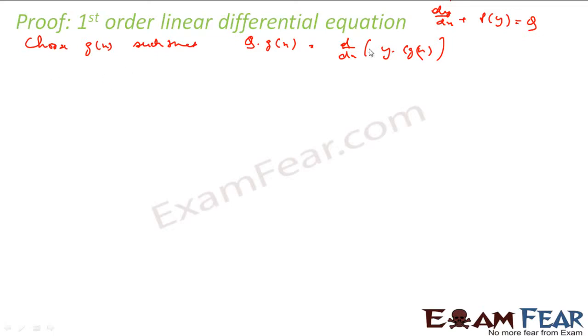So if we are able to find such g(x), then let's multiply everything with g(x). So what you get here is this guy, g(x) into dy by dx plus P into y into g(x), right, is equal to Q into g(x).